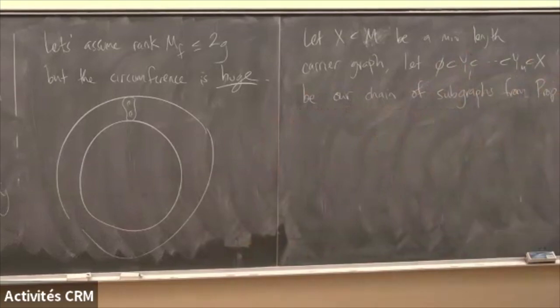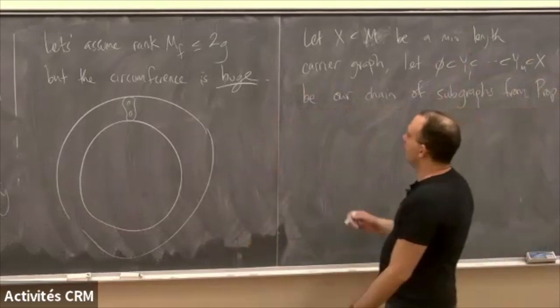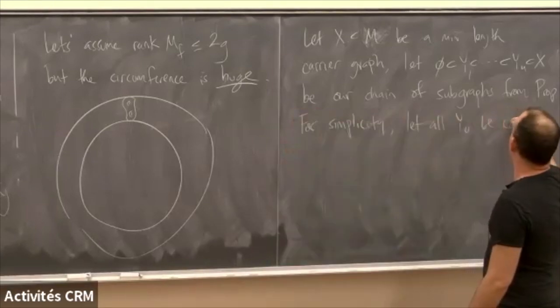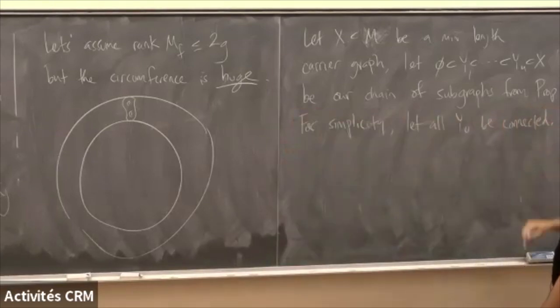Just for simplicity, let me assume in the following argument that all the Y_i's are connected. Then I'm looking for a contradiction: I'm assuming the rank is less than what I want, but you've got a huge circumference, and now I want to go for a contradiction.